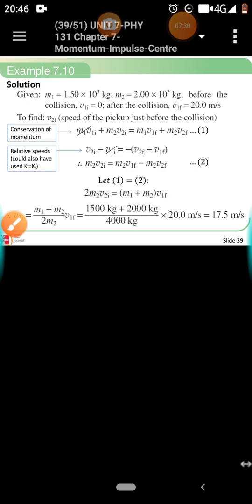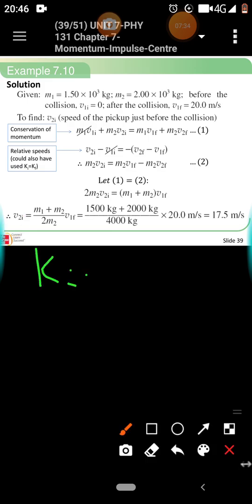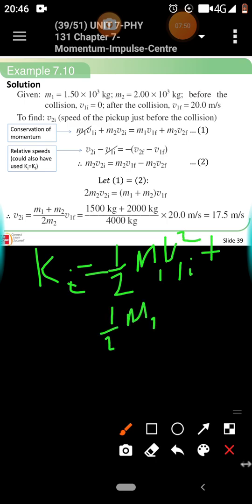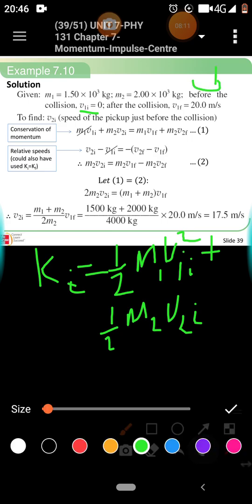The initial kinetic energy will be half m1 v1 initial squared plus half m2 v2 initial squared. Because car 1 was standing, its term will be 0.